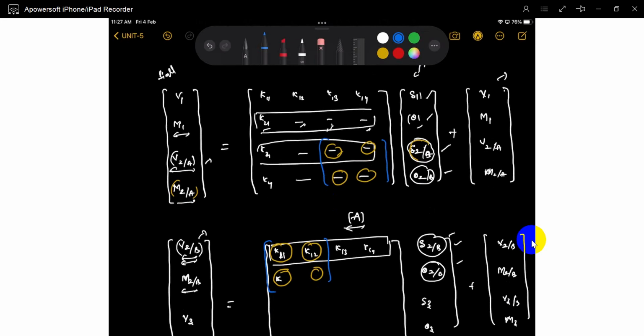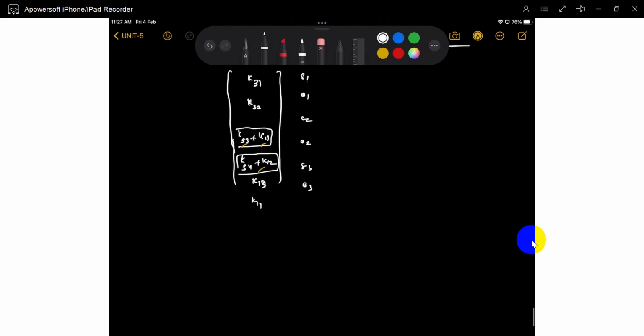The only connectivity is these 4 values will add to these 4 values. That's the connectivity between element 1 and element 2, because these 2 are the same with respect to these 2. Okay, so now you can write down the final stiffness matrix.